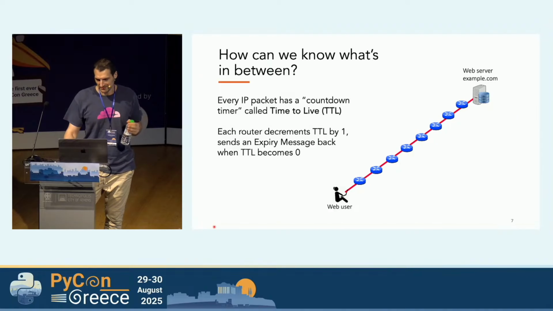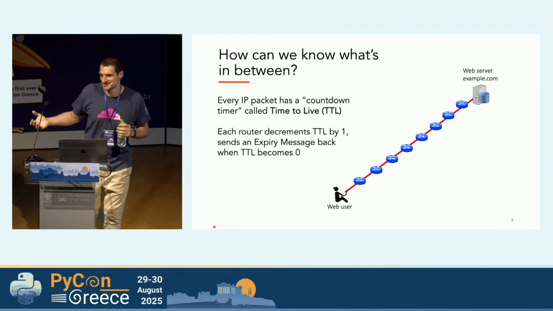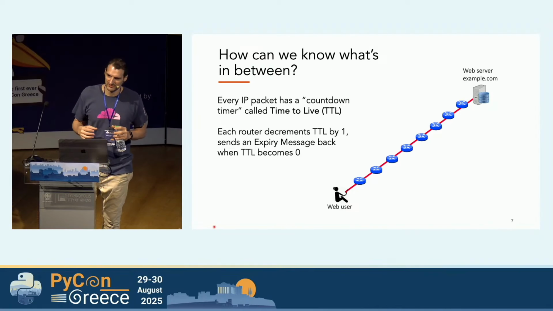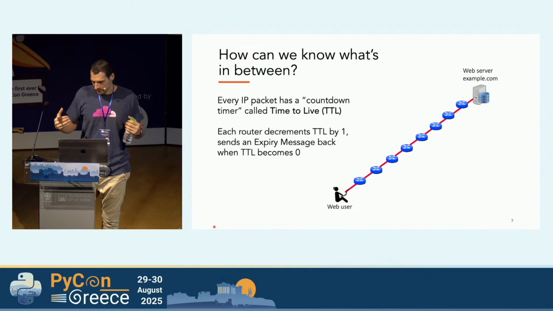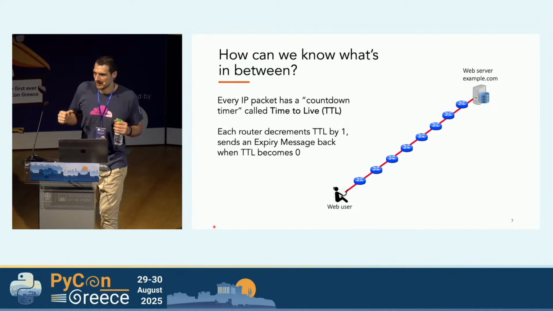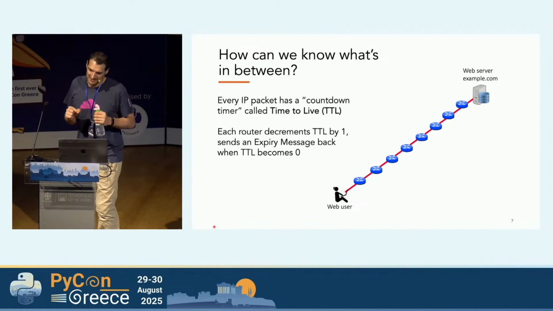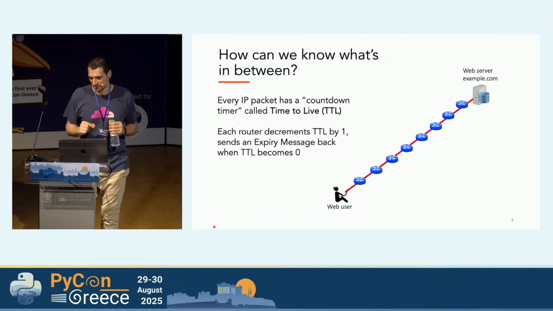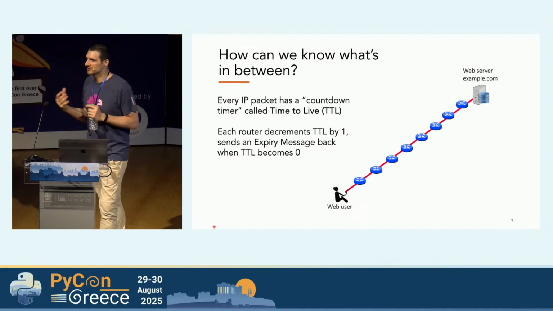Now, we know that we need to reach a destination with a specific IP address. Typically, we use DNS to resolve a domain name. But how can we get the IP addresses in between? To do that, we piggyback on a simple mechanism that every packet in the internet has, called TTL, time to live. You can think of it as a countdown timer.